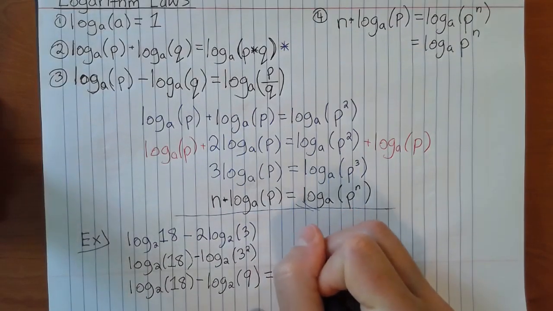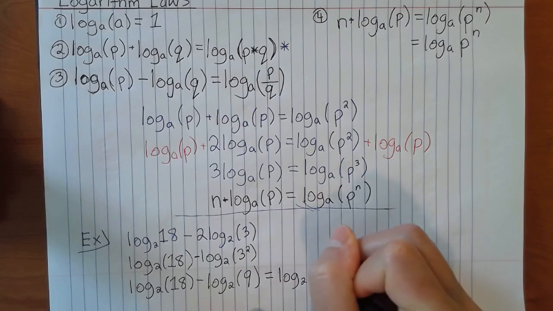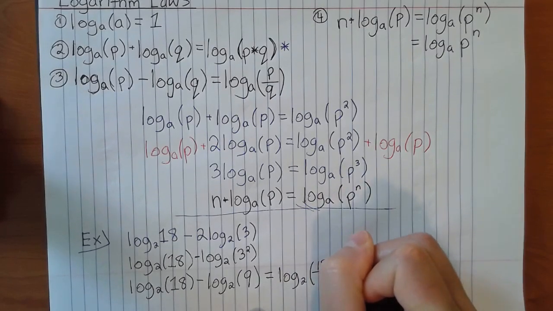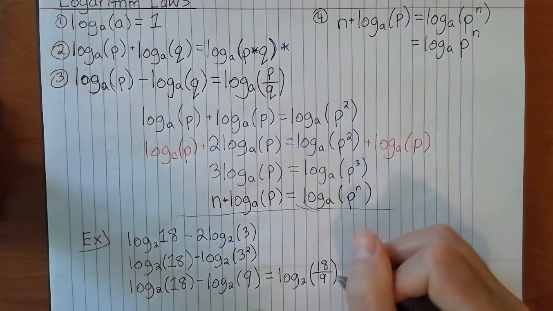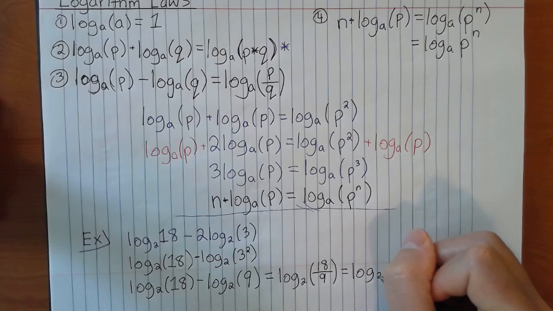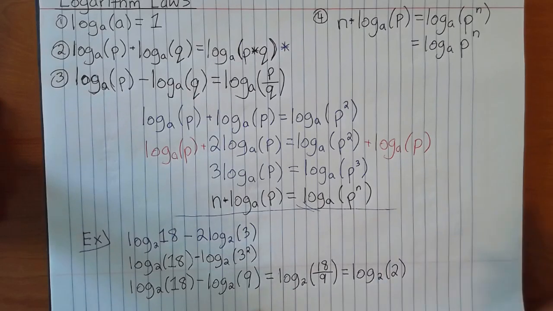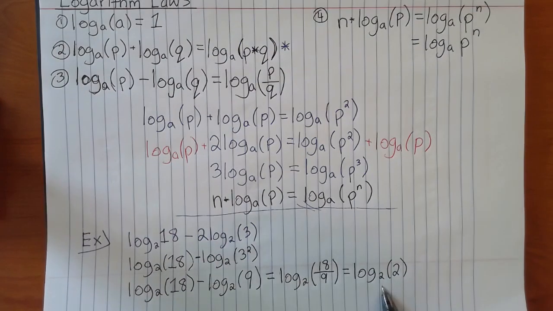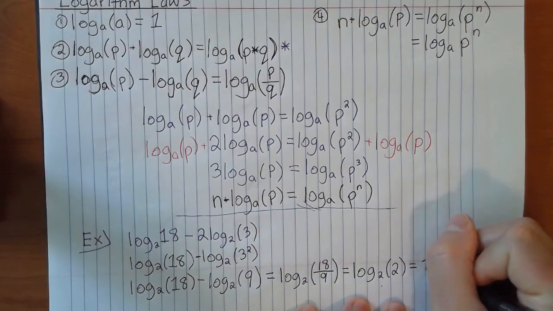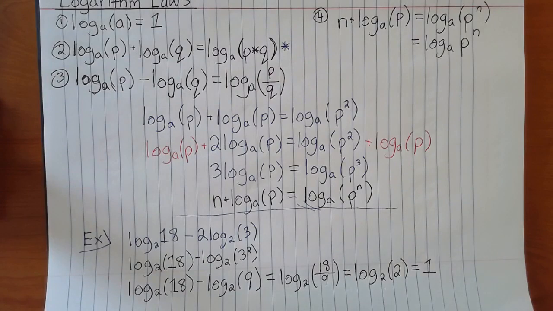So that means that we have log base 2 of 18 over 9. Well, 18 divided by 9 is equal to 2. And we now have log base 2 of 2, which we now know is equal to 1.